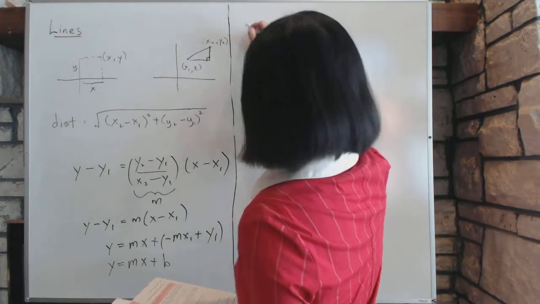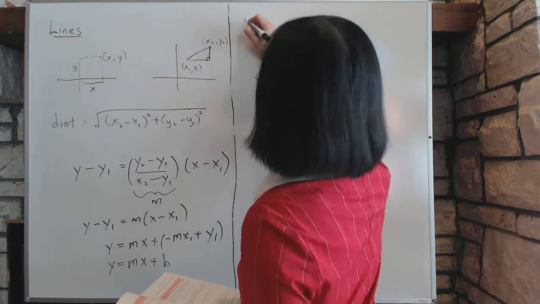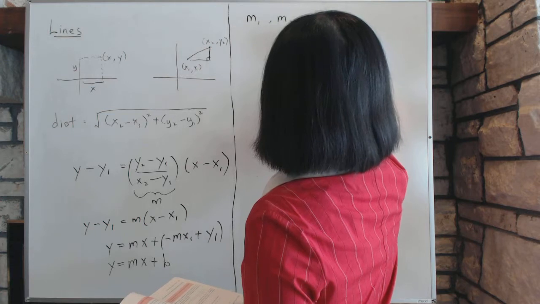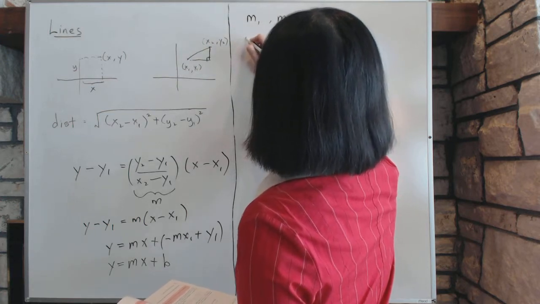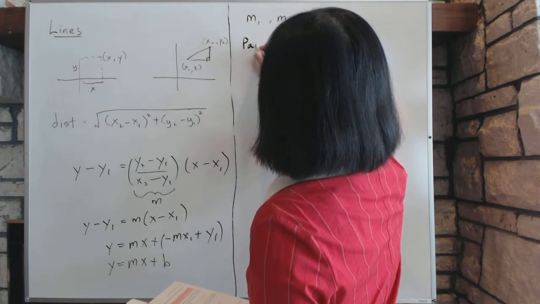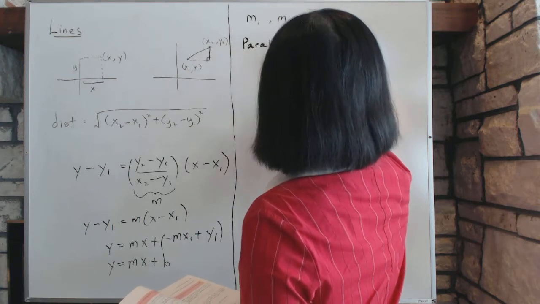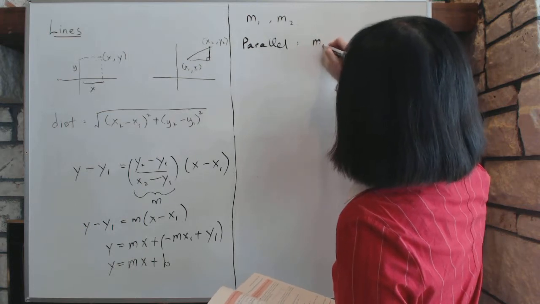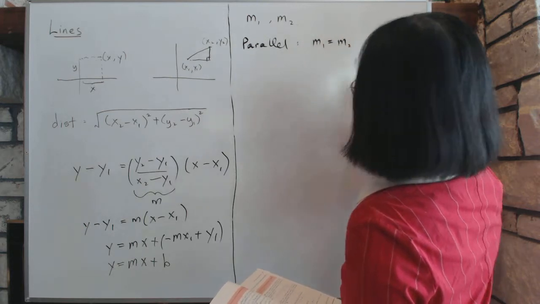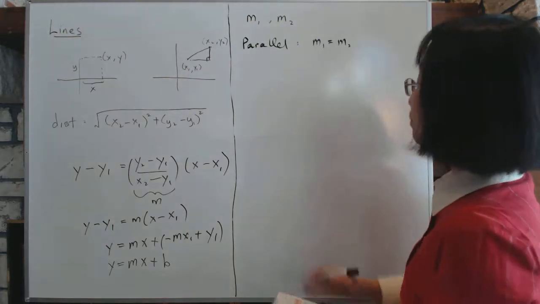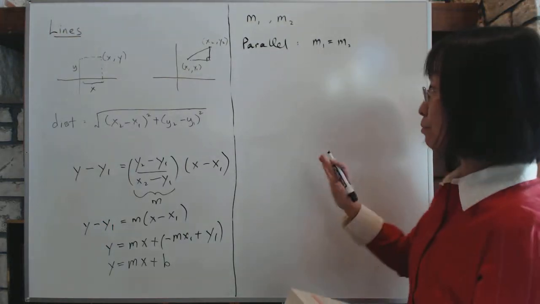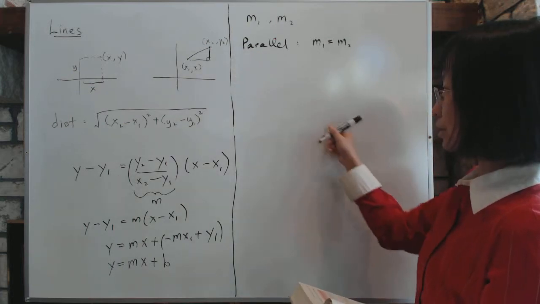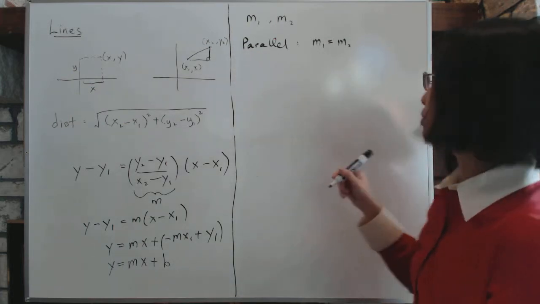The first is that if you have two lines with slopes m1 and m2, then the two lines are parallel if m1 equals m2. Two lines with identical slopes are parallel. The slanting degree is exactly the same, so the lines are going to be parallel.